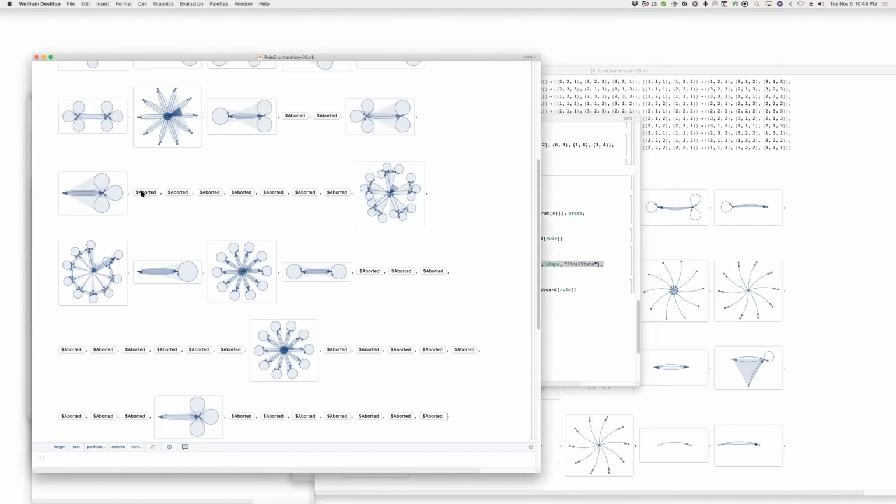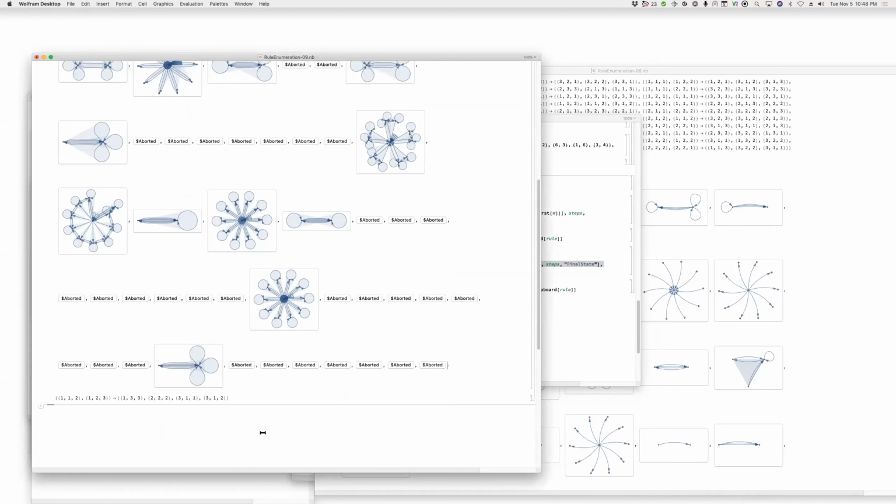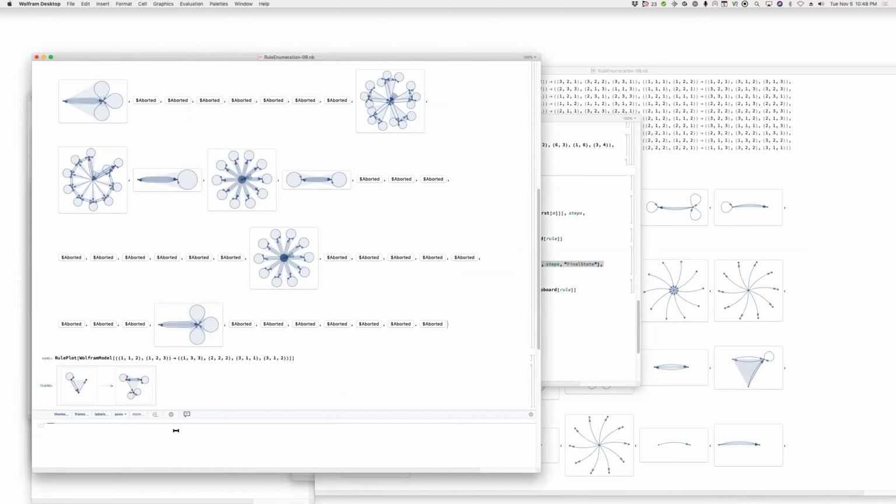All right, well, let's pick one of those. Okay, so there's the rule. Can you read these? What do you mean? Well, more or less. Okay, well, anyway, there's our rule.